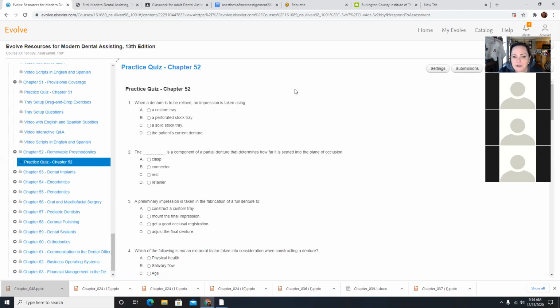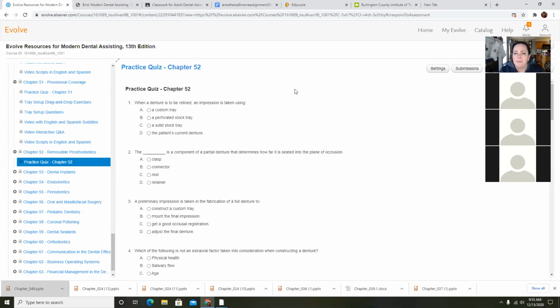When a denture is relined, an impression is taken using what? What is a reline of a denture? Let's talk about a denture procedure real quick. If a patient is getting teeth out, but they don't want to walk around with no teeth, we make something for them called an immediate denture.